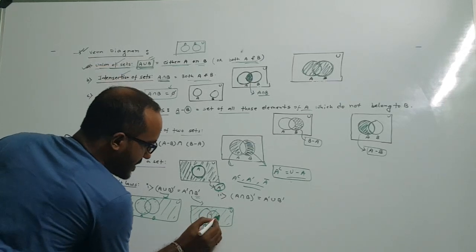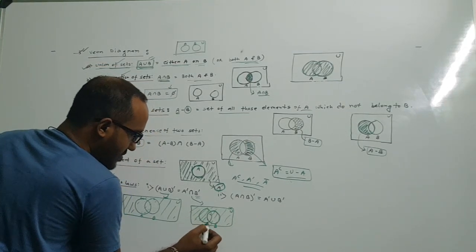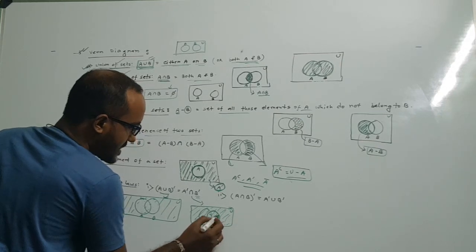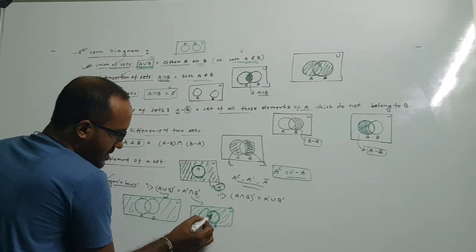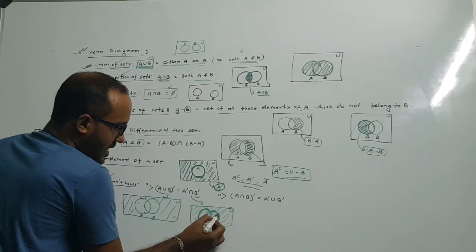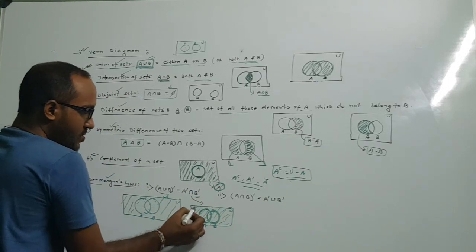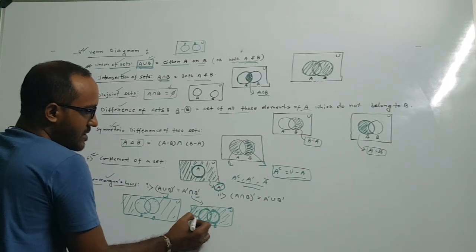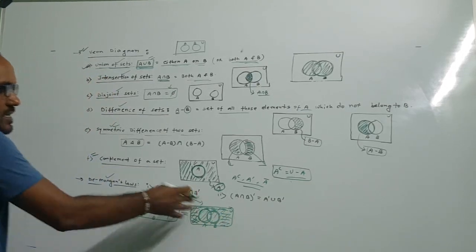B complement will be everything except B. So in the first case this part is omitted, and in the second case this part is omitted. If you do intersection, you will get only the external side. So these two diagrams are equivalent.